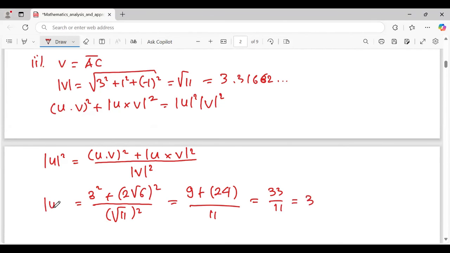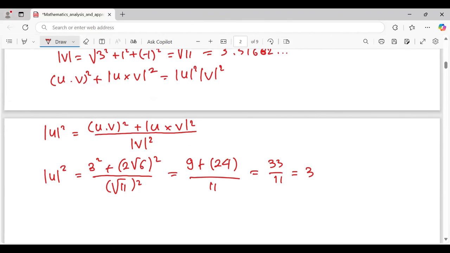This is modulus u squared. So modulus u is square root 3, and if you convert into decimal, it becomes 1.73205, approximately 1.73.